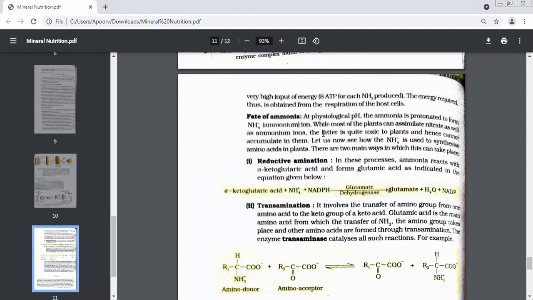Now, the next thing that we need to know is, fine, nitrogen is being converted to ammonia, but what is going to happen to ammonia? Something will be happening. What? Just see what is going to happen to ammonia now. See, beta.